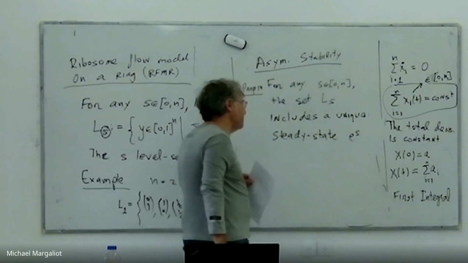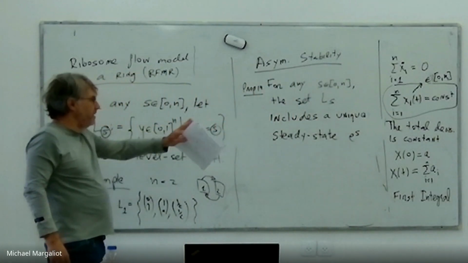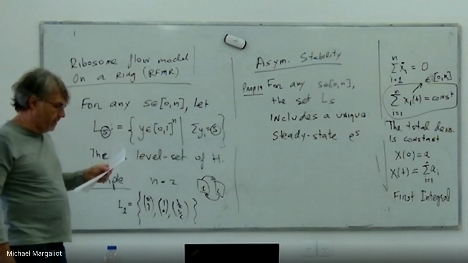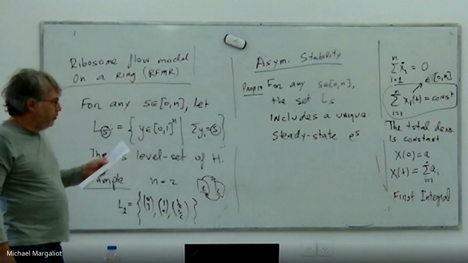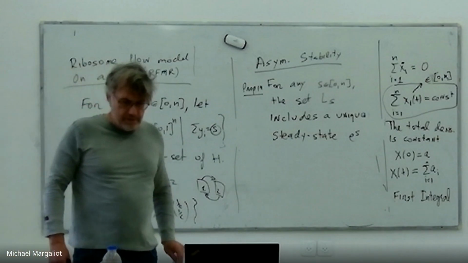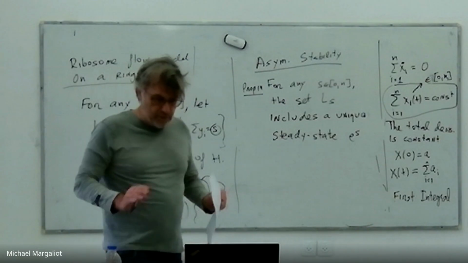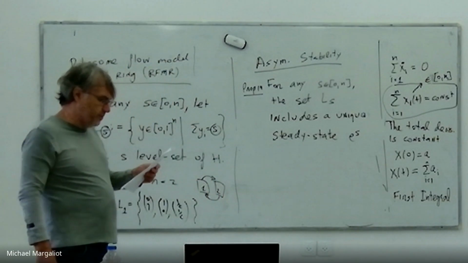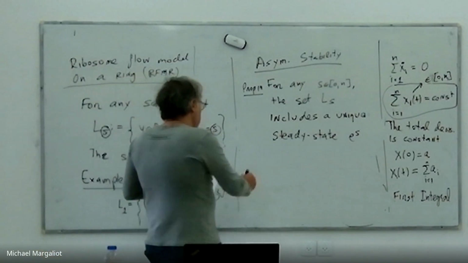I denote it ES because for any LS, I will have a unique equilibrium there, and I want to make sure from the notation that you understand that this equilibrium point is the one corresponding to LS.